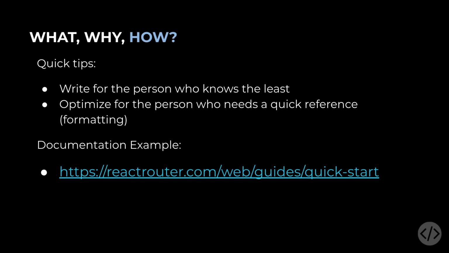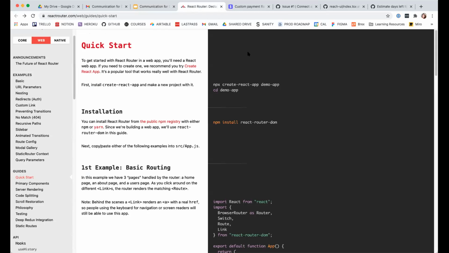And the second bullet here is optimizing the documentation for the person who needs a quick reference. So not necessarily having everything written out on a page, with no paragraphs or no spacing. For example, just formatting it well. And then we have an example here from the React Router documentation.